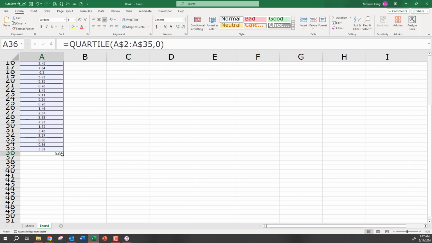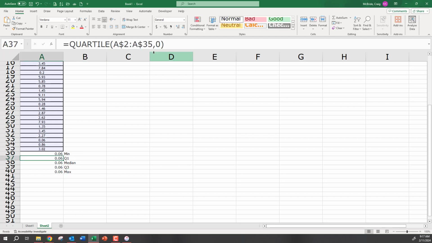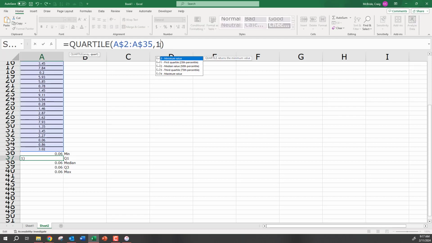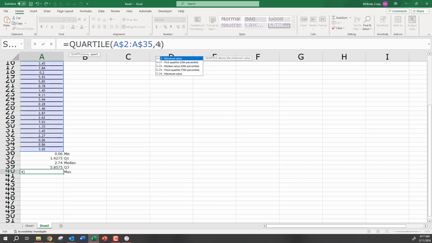And then we can drag this. 2, 3. There's 5 of them: 1, 2, 3, 4, 5. So this is going to be our min. This is going to be Q1. This is going to be our median. This is going to be Q3. And this could be our max. And all we have to do is go back in here and change this to a 1, change this to a 2, change this to a 3, and change that to a 4.